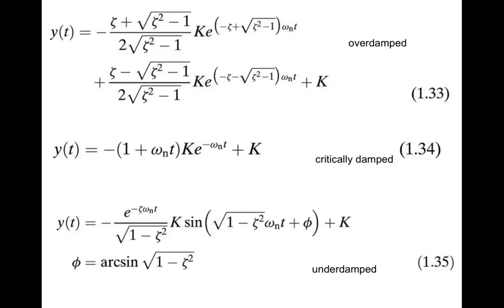So you can have 2 different real roots, which is known as an overdamped problem, or you can have a double root, which is known as a critically damped system. In the overdamped case, you would get the following kind of solution where you have 2 different time constants.